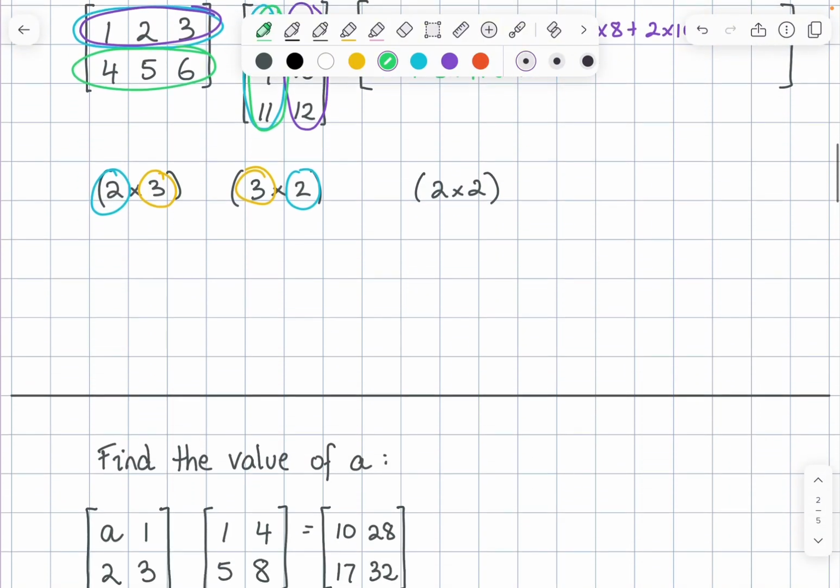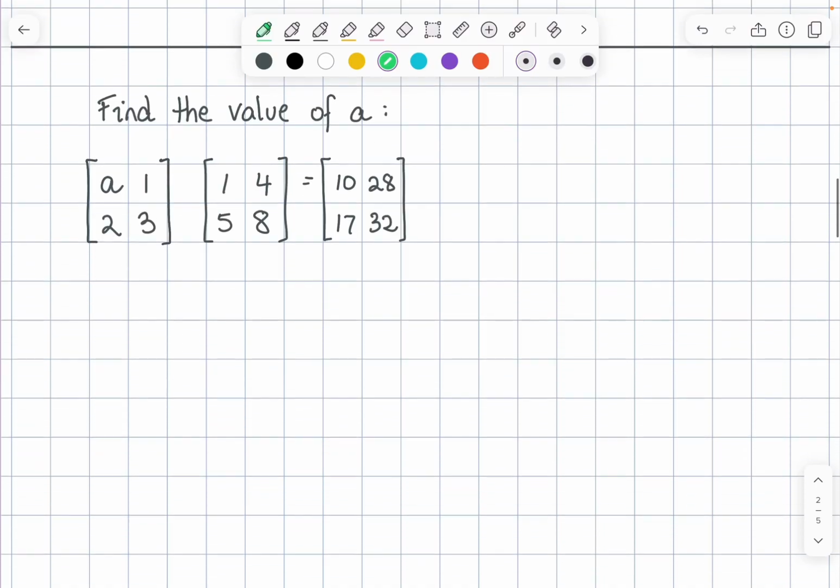Okay, I'm going to move on and we're going to do a question where there's an unknown, not in our answer. We're not trying to find the answer, but we're using the answer to find an unknown in the question. We do not have to do this entire multiplication. What you can think about is, well, I know that multiplication works by doing first row by first column gives us the first element.